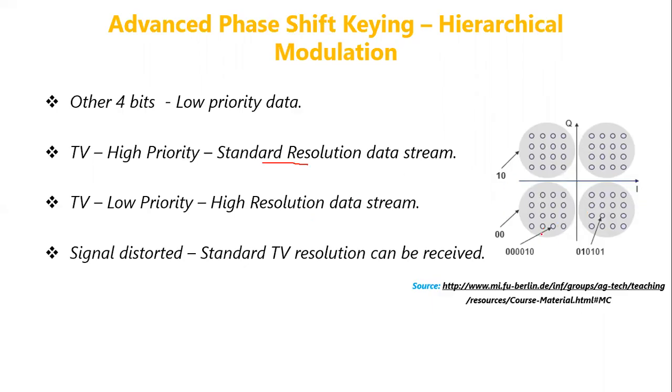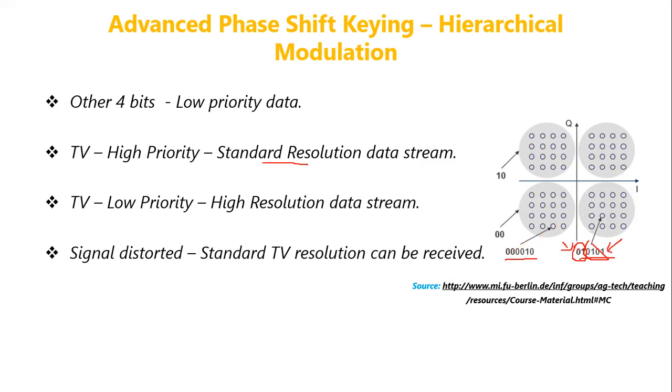So this diagram shows that. You can see there are 6 bits to refer to a symbol. The most significant 2 bits follow QPSK. The remaining 4 bits follow QAM, quadrature amplitude modulation. The first contains high priority information, and the second contains low priority information.